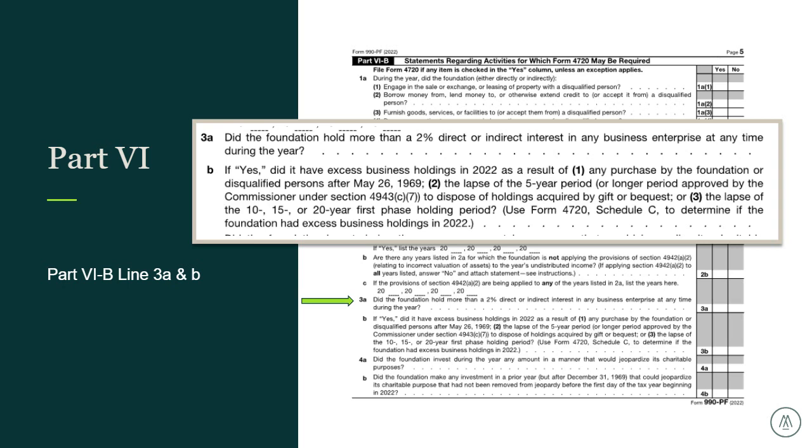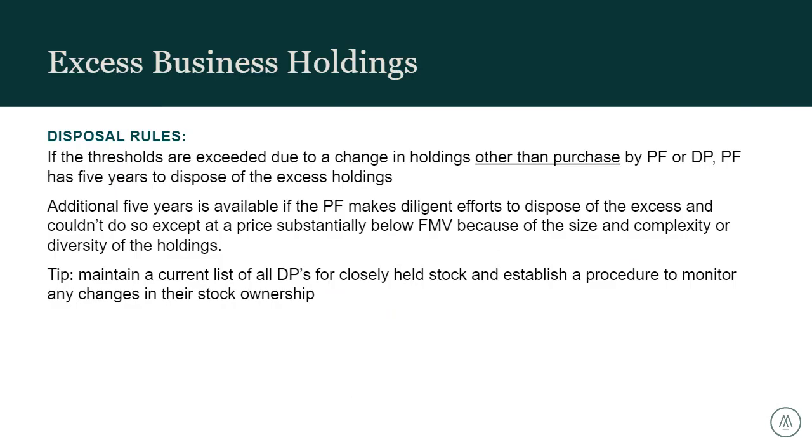And so the last slide really talks about disposal rules. Similarly to any of these prohibited acts, if you come to find out that you have excess business holdings, the disposal rules are displayed here.